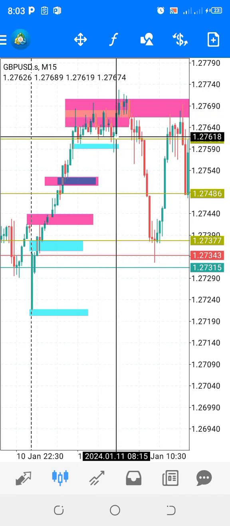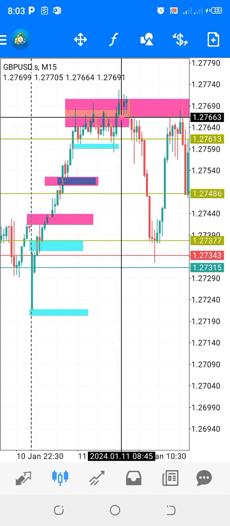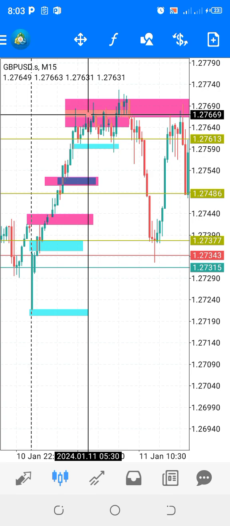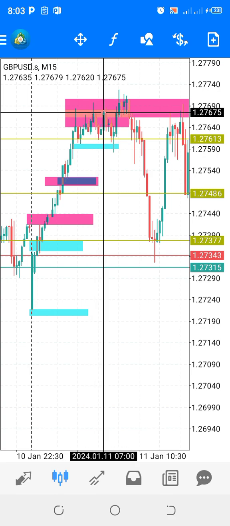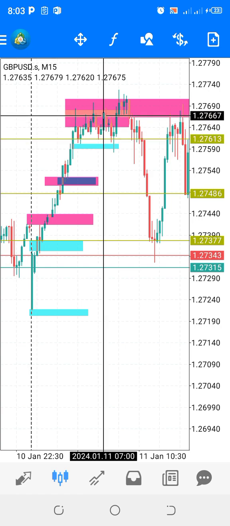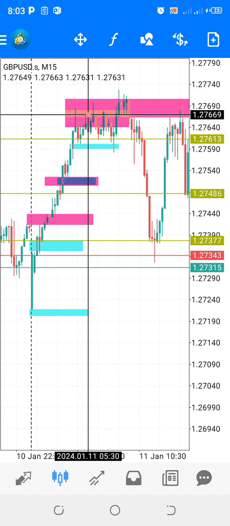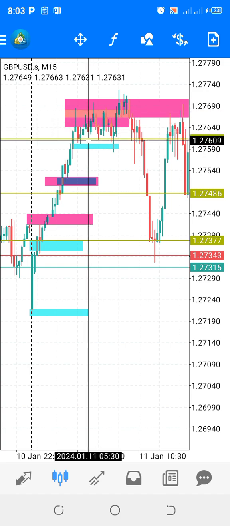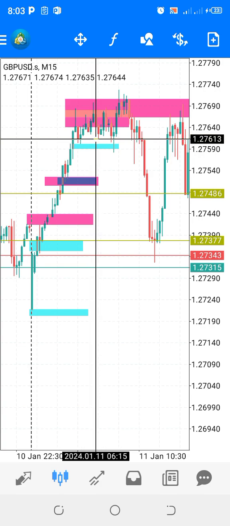Where is the consolidation zone? The spread area within the recent impulse break level and its turning points.